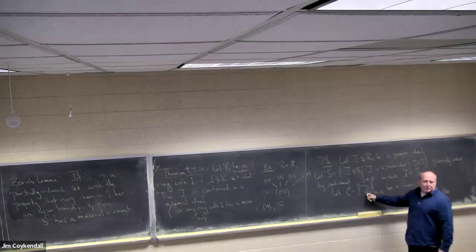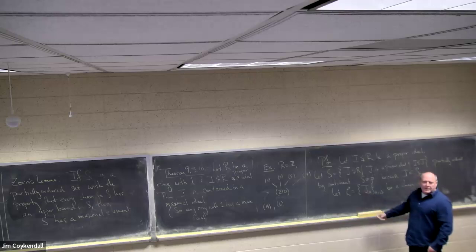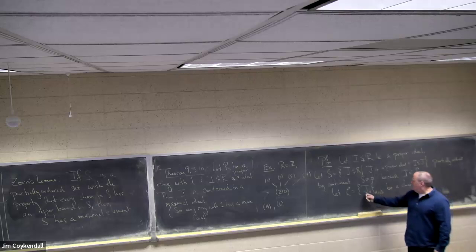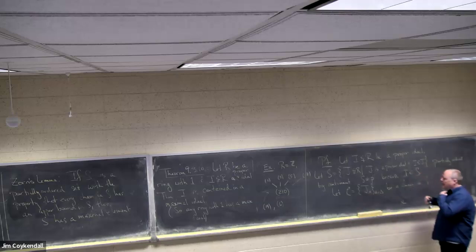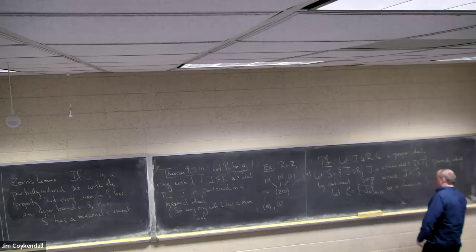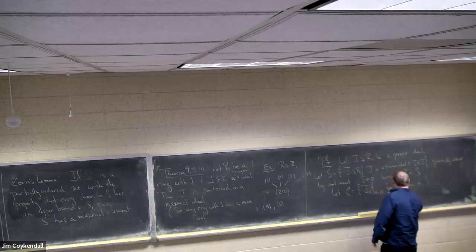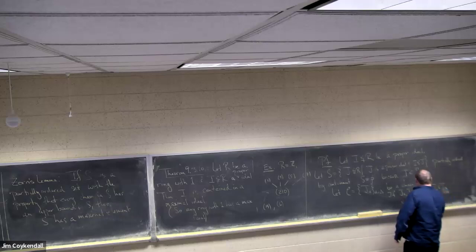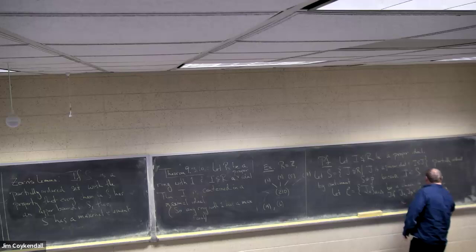For example, this might just be one item. If it's just one ideal, it's certainly a chain because it's comparable to itself. Or it might be 27 items, or it might be infinite, a very big index set. But this is a chain of ideals that all live in S. So every one of these ideals is proper and contains I. And something else: if J alpha and J beta are in the chain, then J alpha is contained in J beta, or J beta is contained in J alpha.